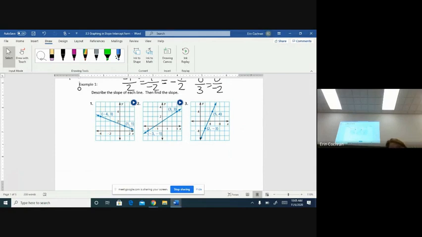So first off, looking at example 1, let's go ahead and describe my slope. Am I going up or down my roller coaster? Going down, so this one will be a negative slope. Okay, so now when we actually find the slope, we're going to put a negative. It could be in the top, it could be in the bottom, or right in the center.